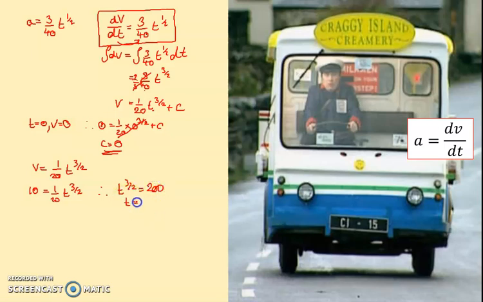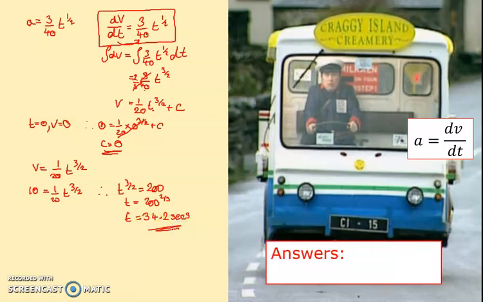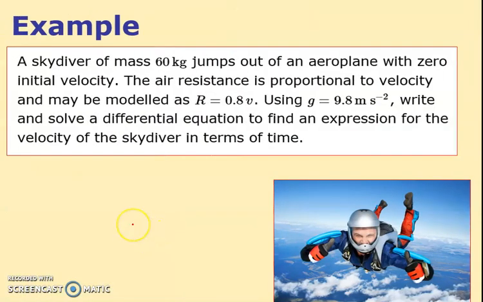Move the 3/2 over, you get a power of 2/3. 200 to the power of 2/3 equals 34.199, so at 34.2 seconds, I'm going to say. Hopefully that's right. 34.2, good.